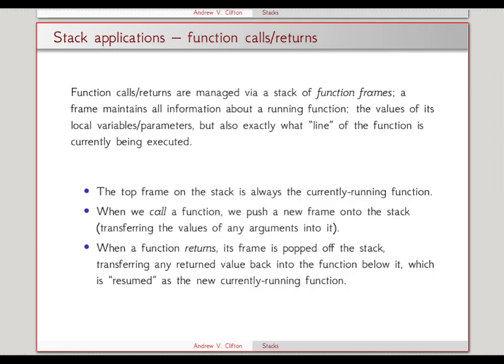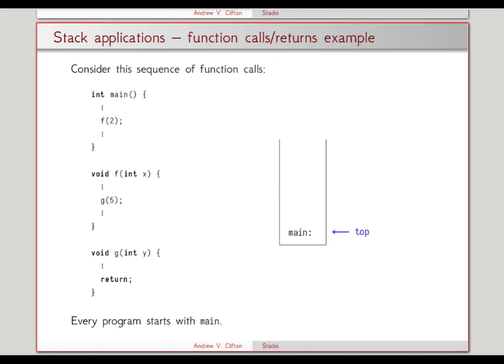But that was the function that called it, right? The function that called it is always immediately below it. So that just resumes the old function at the point where it left off. It picks up right where it left off without knowing that anything weird has happened. Again, we'll see a fully fleshed out example of how this works when we talk about recursion.